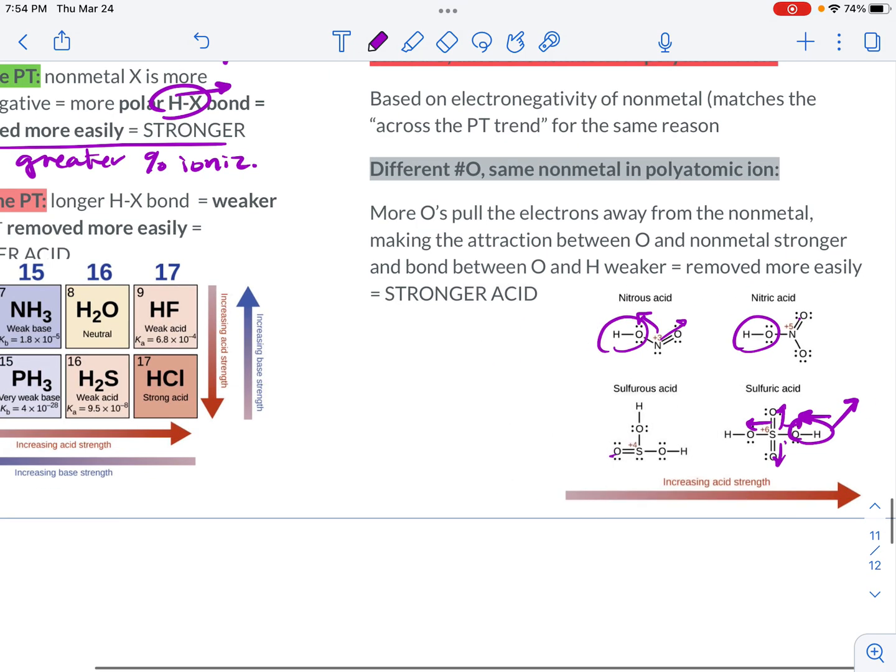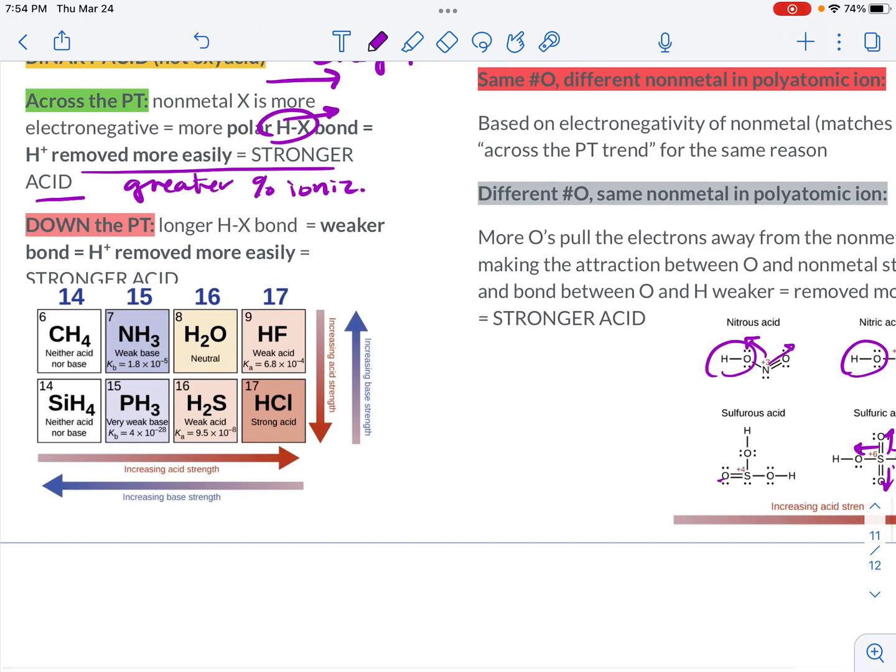All right. And then finally, the last thing would be down the periodic table. This is because of a longer bond length, because of a bigger atomic radius. And we all know that longer bonds are weaker bonds, which means that the hydrogen is removed more easily.